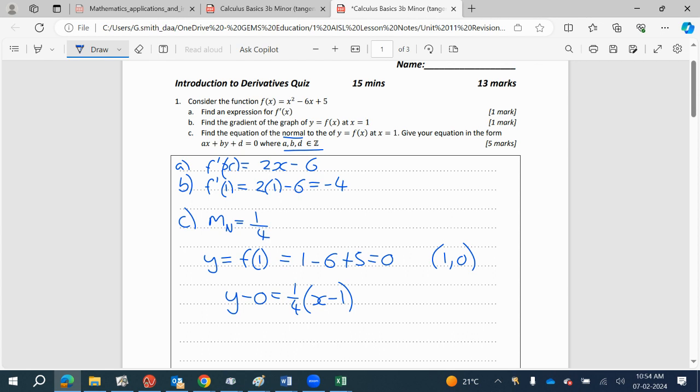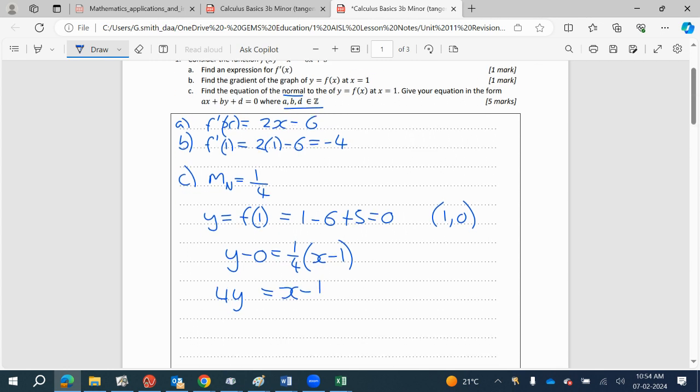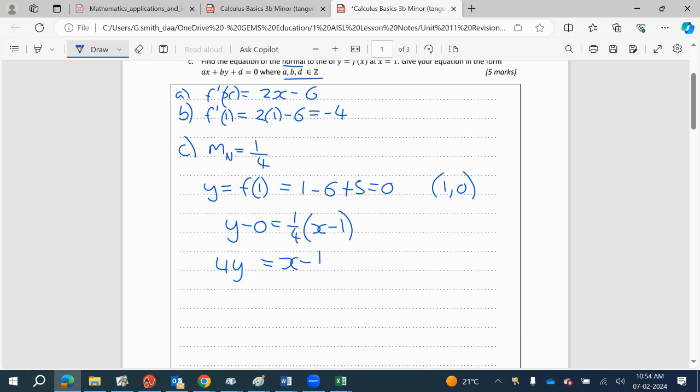So we have to get rid of that 4 in the denominator. We multiply by 4, we get 4y, and I'll get rid of that 0 now. Then we open up this bracket, x minus 1. Rearranging into the form that they want gives x minus 4y minus 1 equals 0.